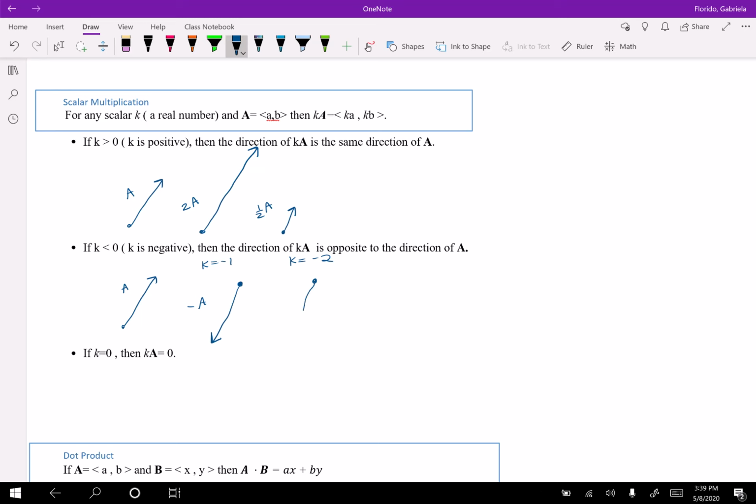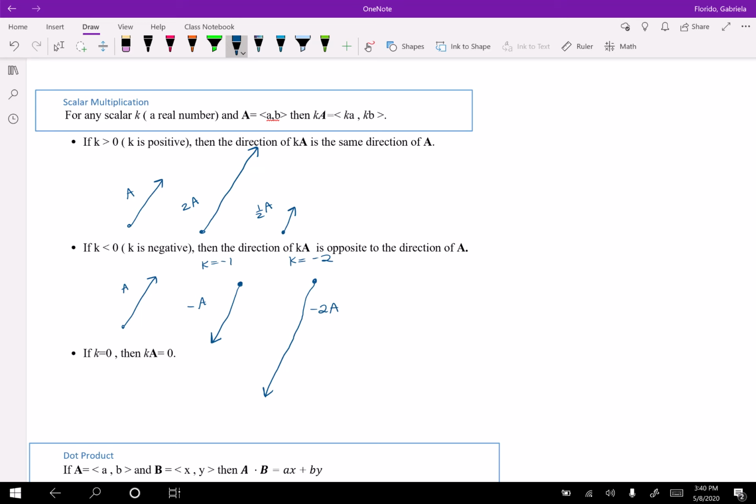And so it's going to be opposite direction, but double in size. I know that's a terrible picture. Sorry about that. Okay, so again, it's opposite direction, and now it's double because k is -2 in this case. All right, so not only is the direction being affected, but also the magnitude in this case.